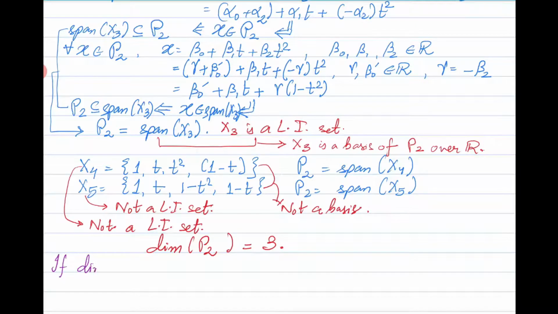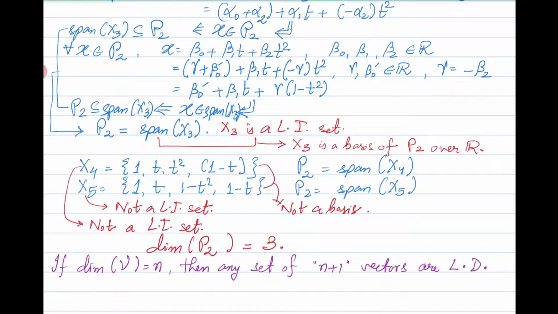If the dimension of a vector space is n, then any set of n plus 1 number of non-zero vectors, why should I say non-zero? Vectors are linearly dependent.